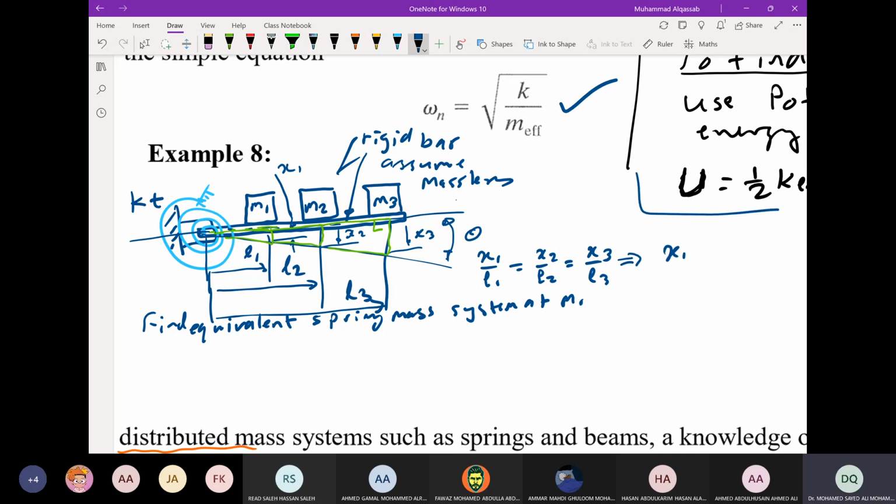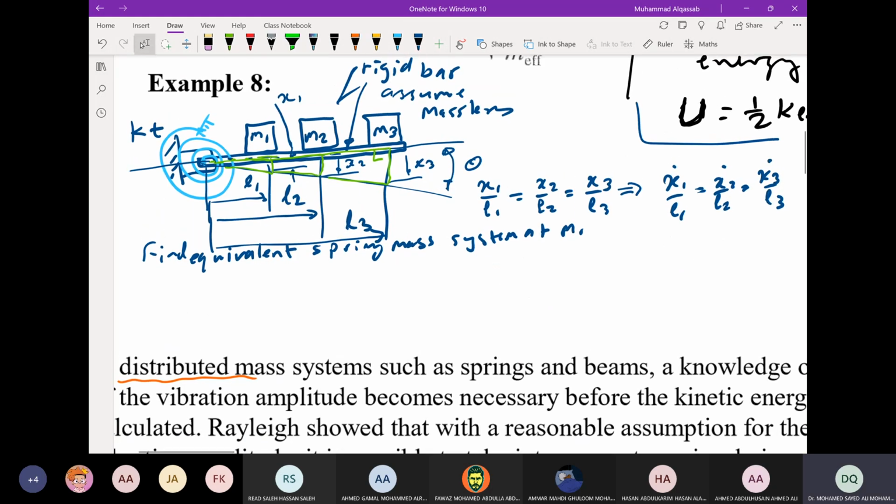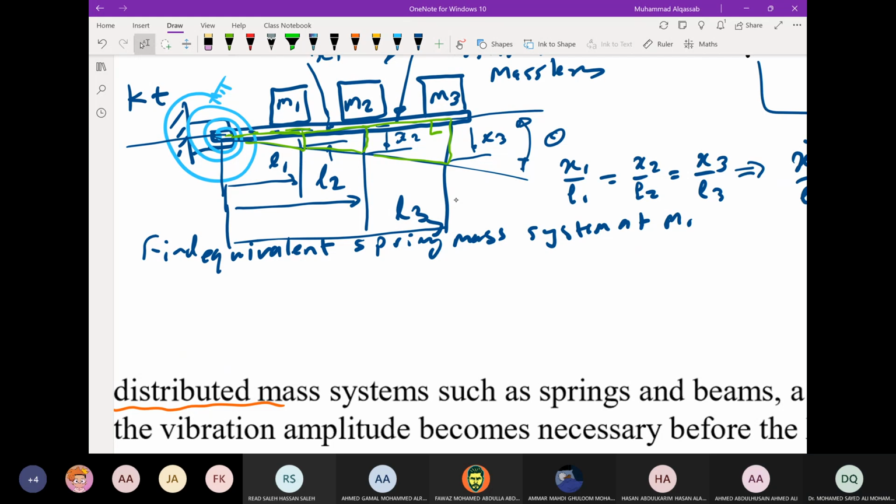That is X1 dot over L1 equal to X2 dot over L2 equal to X3 dot over L3. The kinetic energy will be T equal to 1/2 M1 X1 dot squared plus 1/2 M2 X2 dot squared plus 1/2 M3 X3 dot squared.